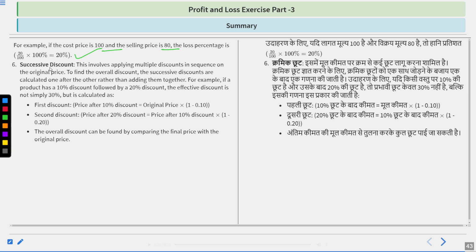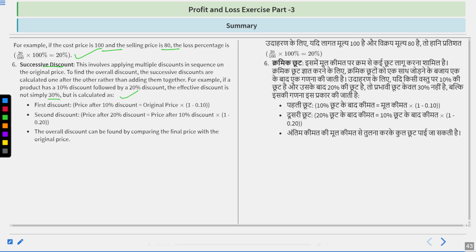In the same way, what is successive discount? This involves applying multiple discounts in sequence on the original price. To find the overall discount, the successive discounts are calculated one after the other rather than adding them together. For example, if a product has a 10% discount followed by a 20% discount, then the effective discount is not simply 30%.